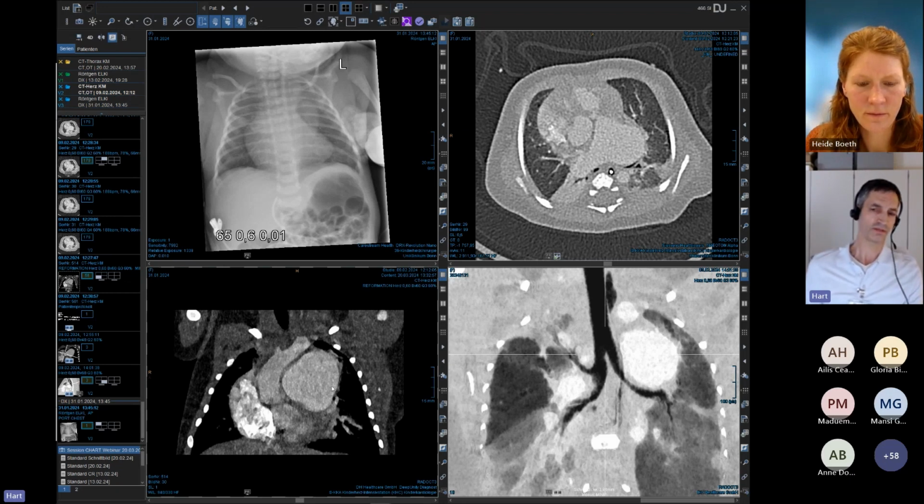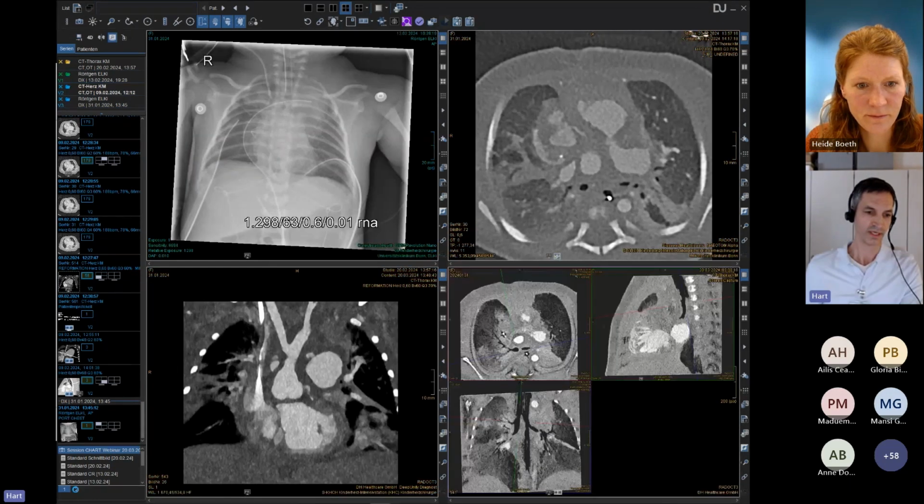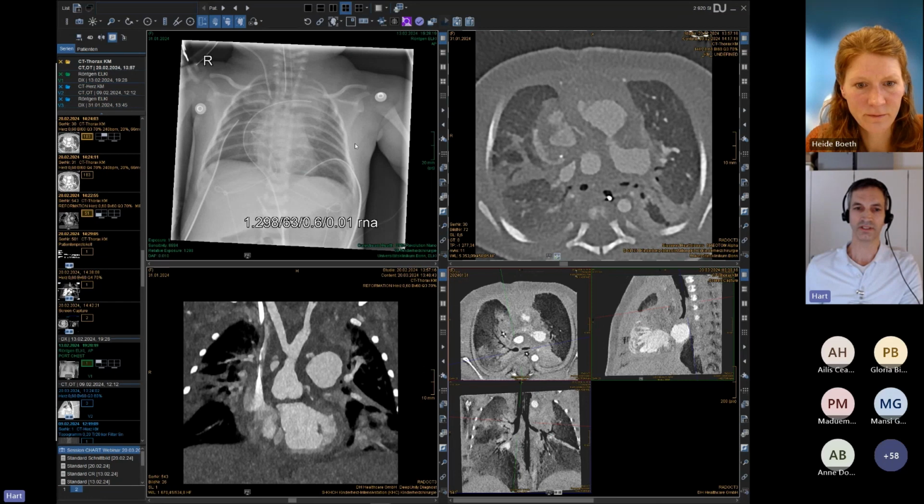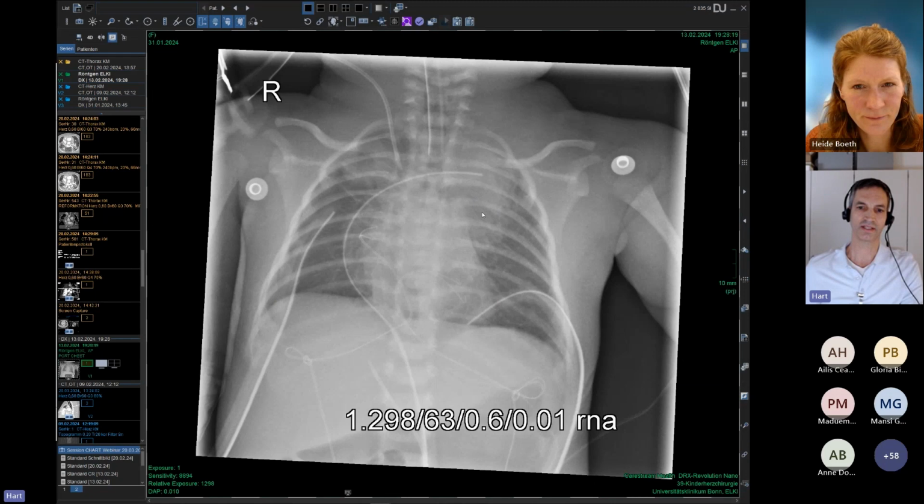The child had an operation, the tetralogy of Fallot was corrected, and the pulmonary arteries were minimized. The enlargement was minimized. There was a lot of material cut out. You see there's less left pulmonary artery here. This is the X-ray directly after operation.